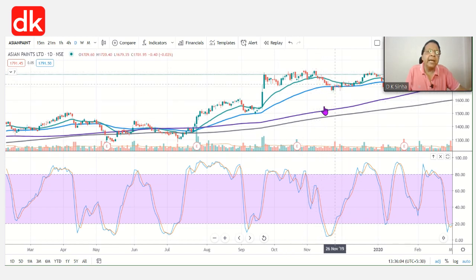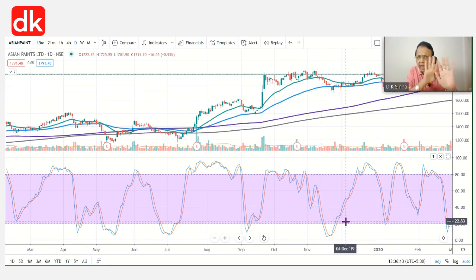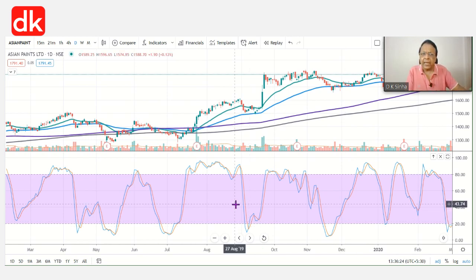And once again it has given a bounce back from the key support area, and here it was in an oversold area in an uptrending market, indicating crossover. And then it is very, very relevant. If you use a stochastic oscillator in this fashion, it will certainly help you in enhancing the accuracy in trending market.